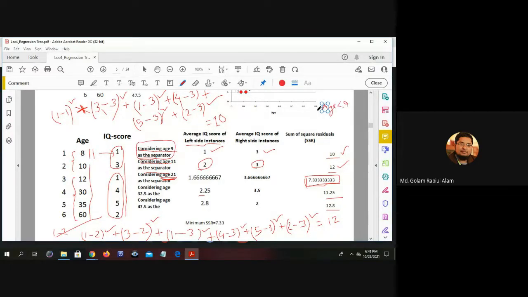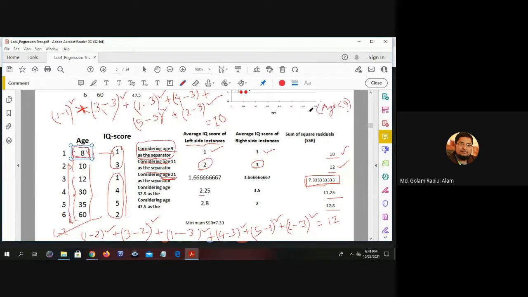So this is our splitter or separator. If we consider this as our splitter, then it will split like this. Which one is less than 9? So we can say that this is the A which is less than 9, and all other values, these are greater than 9.